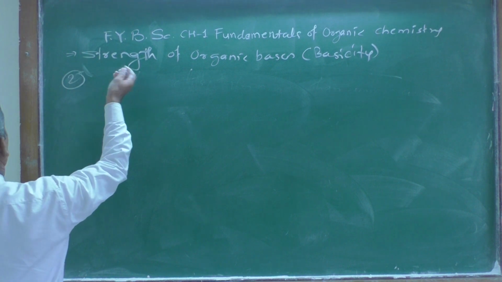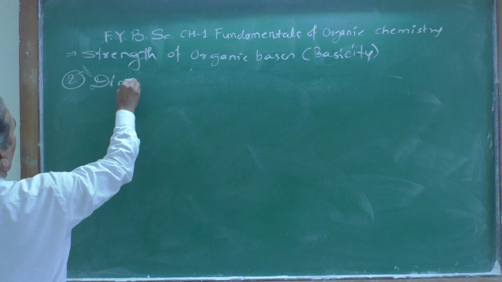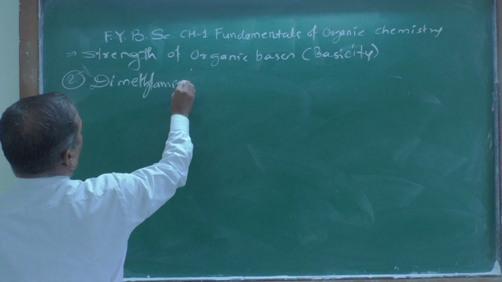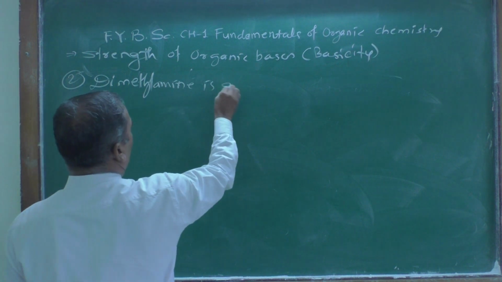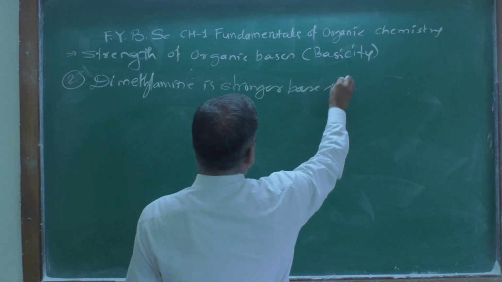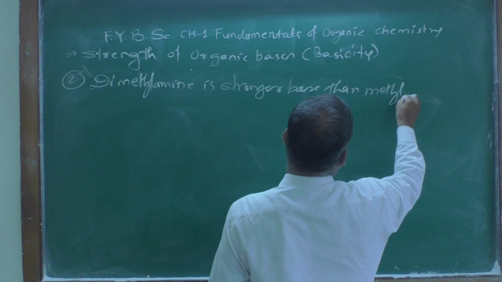Dimethylamine is stronger than the primary amine. You can remember: dimethylamine is a stronger base than methylamine.